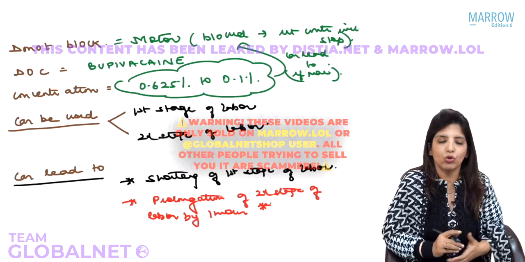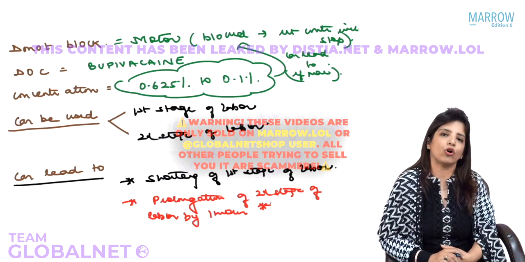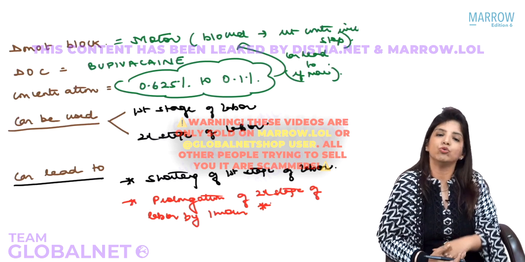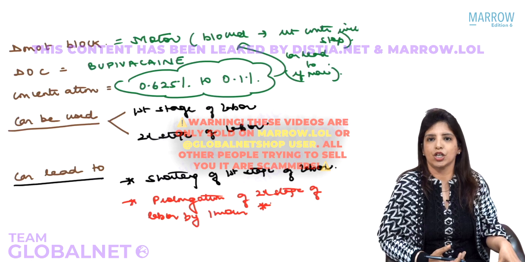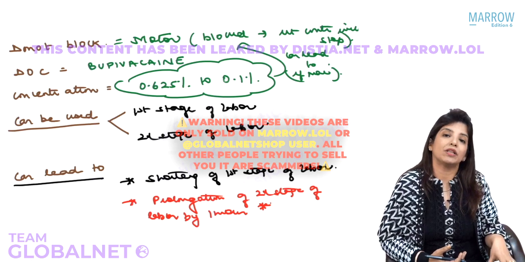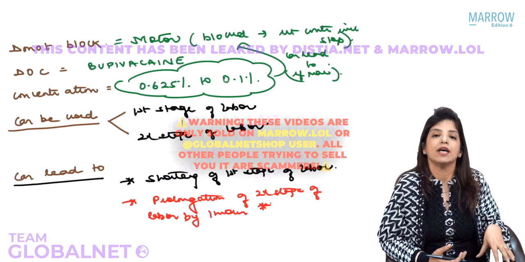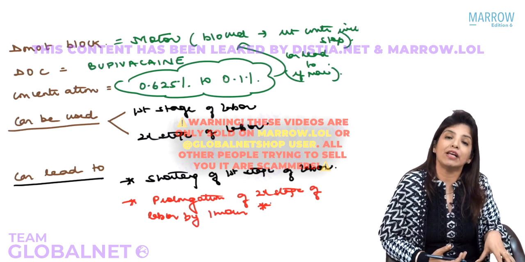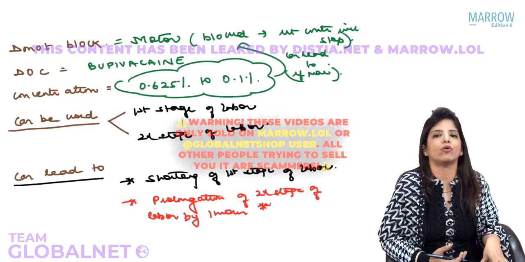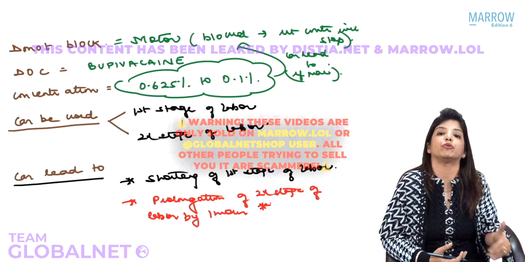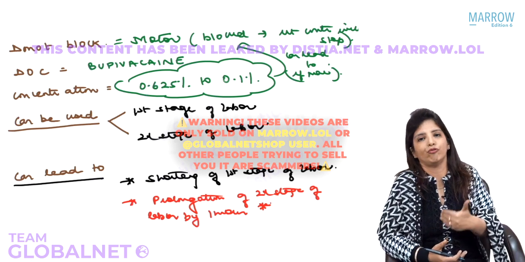I'll say this point again. This point which I told you just now has a lot of clinical application. How? Because when I tell you the normal duration of the second stage of labor, that is without epidural. Now, suppose in your question it comes that the patient was given epidural. What are you going to do? You are going to add 1 hour because you know that epidural prolongs the second stage of labor.